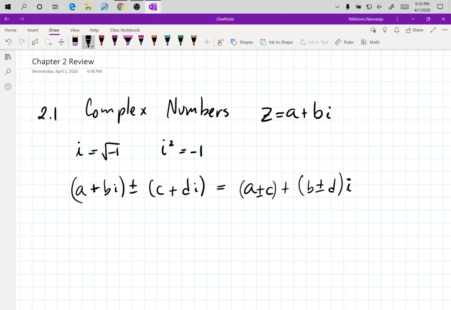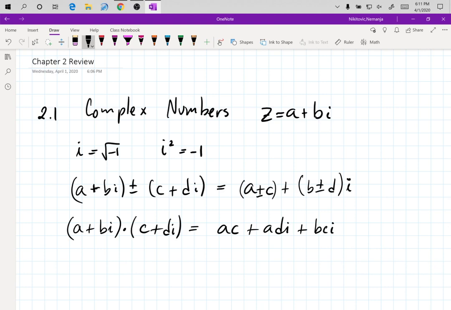And now to multiply them, right, you would FOIL. So this is times, and then you have c plus di. We would FOIL, we would get ac plus adi plus bci plus bdi squared, and then we fix this.